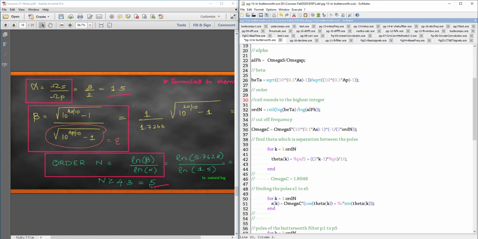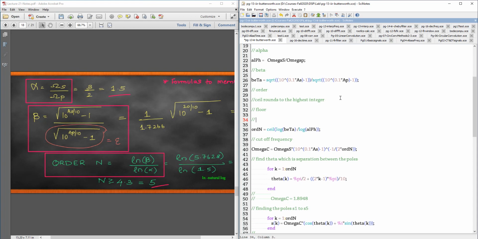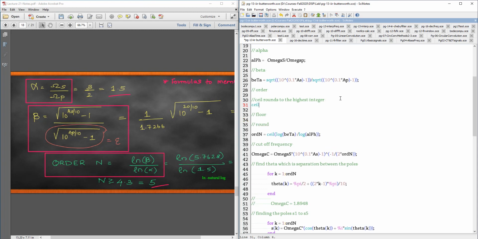It's slightly different from round off. We are using ceil because when I get an answer of 4.3, I am choosing the order to be 5, and that is done with the help of ceil. Good. The opposite of ceil is floor, which will round 4.3 down to 4.